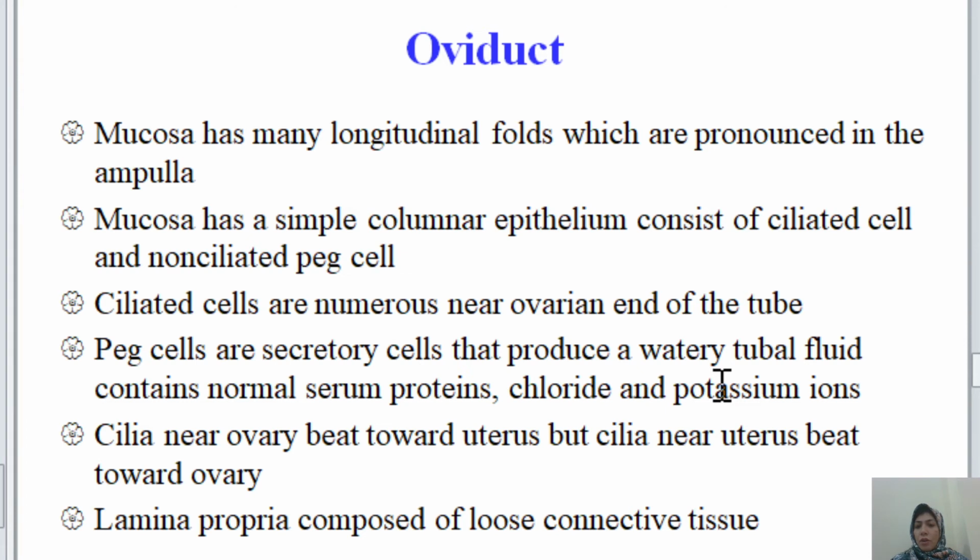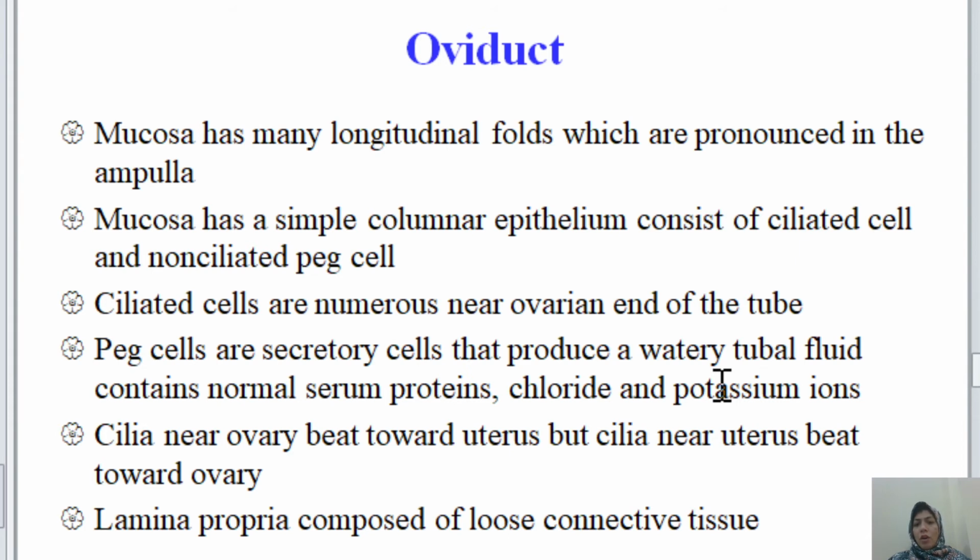Ciliated cells are numerous near the ovarian end of the tube. Also, it has peg cells. Peg cells are secretory cells that produce a watery tube fluid that contains normal serum protein, chloride, and potassium ions.